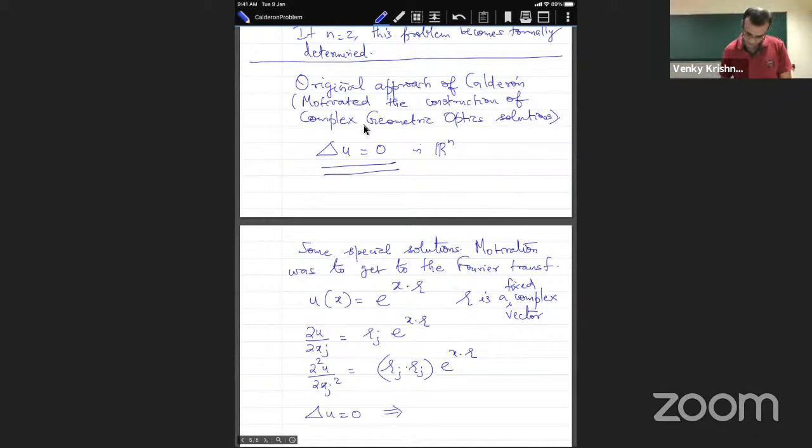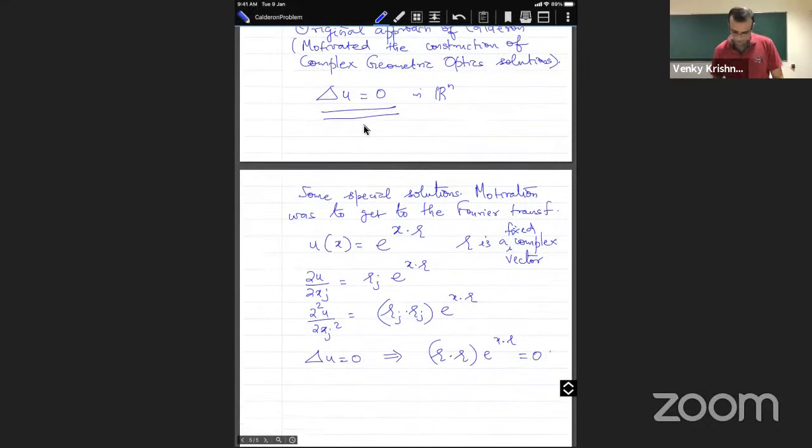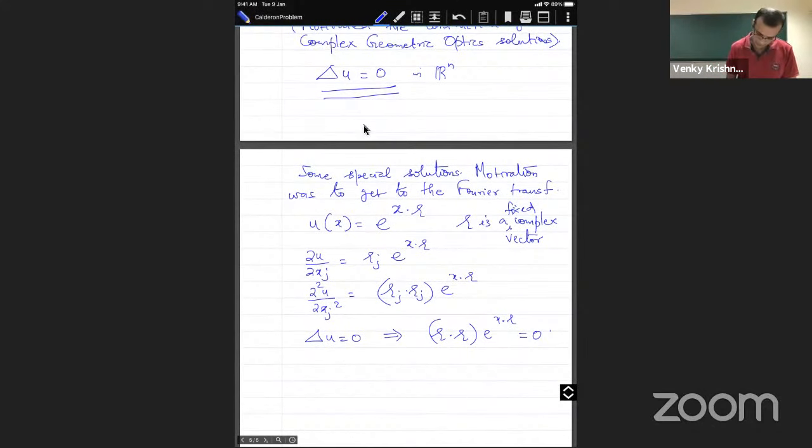So this implies that you must have zeta dot zeta times e to the x dot zeta equal to 0. But remember that this zeta dot zeta is not the dot product in Cn. It's not the dot product.